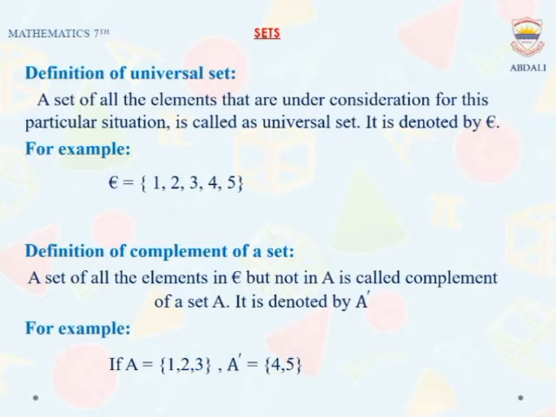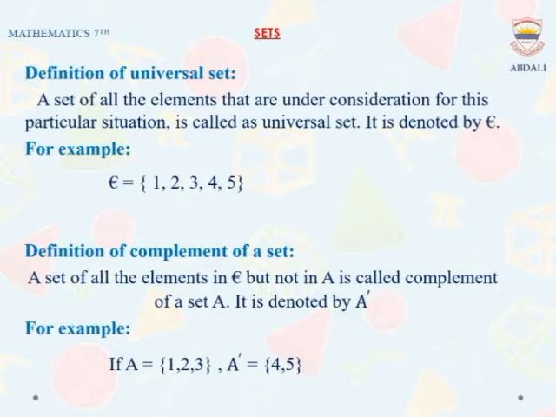So A prime will contain 4, 5, because these are the elements of the universal set that are not in set A. That's why we have written it with a prime. So it is the complement of set A.